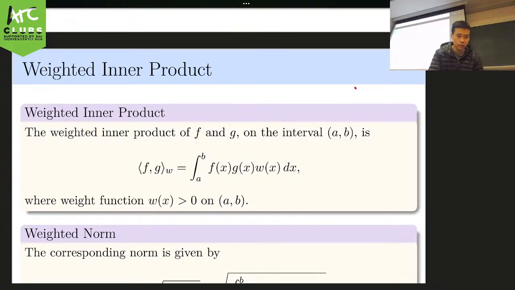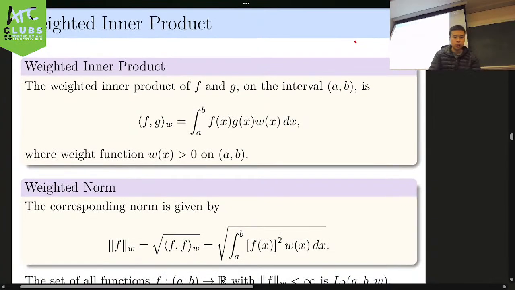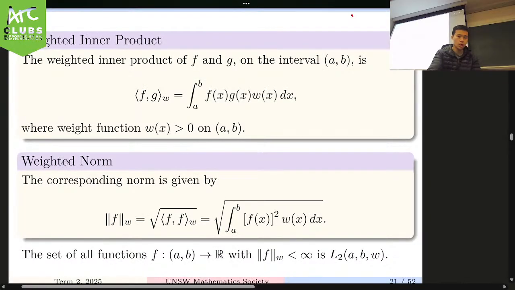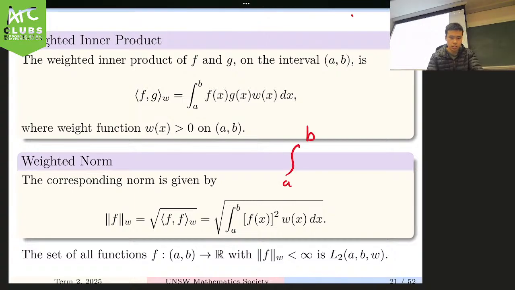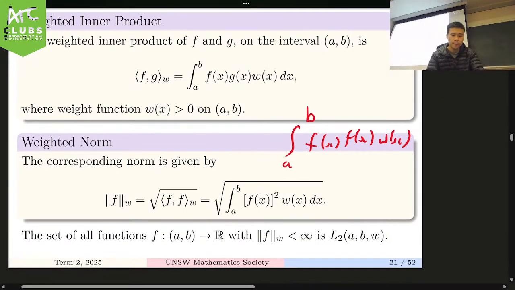Obviously, you're assuming the weight function is not 0. And for the weighted norm, you're again doing the inner product, but without the square root it would be f of x and then w of x. The f would be squared, but the w of x isn't squared, it's just w of x on its own, and then you take the whole thing. So it's kind of obvious here.